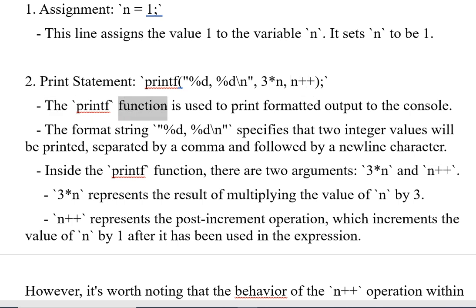The printf function is used to print formatted output to the console. The format string, "%d, %d\n", specifies that two integer values will be printed, separated by a comma and followed by a new line character.